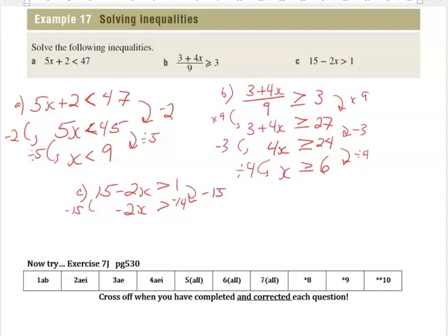Negative 14. And then what are we going to do? It's not the subtracting of the negative, it's the dividing. If I divide by negative 2 to get a positive x, I get an x. And what am I going to do with that sign? It was greater than. It now does a swap and becomes less than. Negative 14 divided by negative 2 gives us the number 7. And there you go.